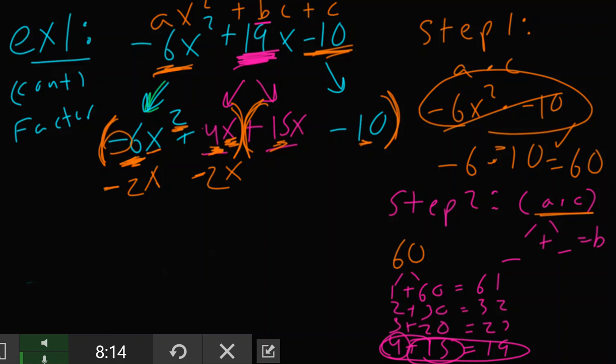Now, what does this look like? When I factor out that negative 2x, I'm really saying negative 2x is going to go in the front of my factor, and what are my leftovers? Well, a negative divided by a negative is a positive. 6 divided by 2 is 3, and x squared divided by x: we have 2 x's and we're taking 1 away, so that leaves us with just x.